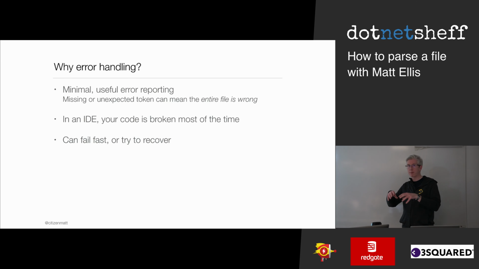So if you're typing in an IDE, you don't want to have the rest of your file highlighted in red just because you're missing a semicolon in a block. The same with a compiler. If you're compiling, you wouldn't want your compiler to say everything's broken. It would just like to say you're missing a semicolon here. So basically, we need to recover when we've got an error.